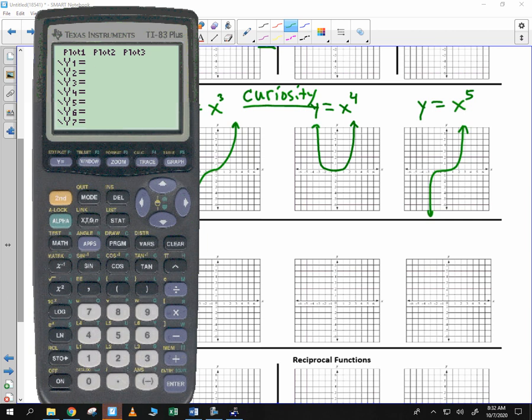But as you look at, say, x squared, I'll graph x squared. And then I'm going to graph x to the fourth. And then I'm going to graph x to the 20th. I'm going to graph x to the 100th. And I'm going to change my window a little bit because I don't need to view all these x values.